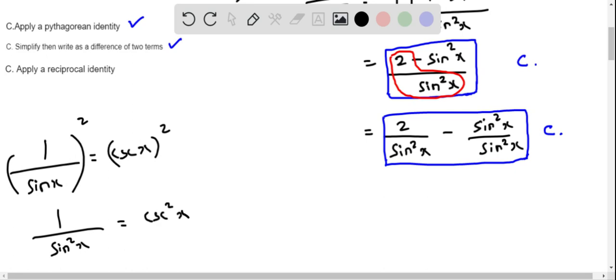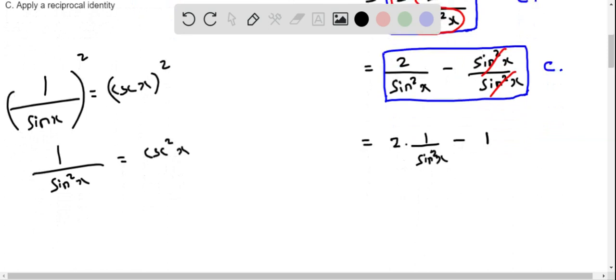So now we can rewrite this 2 over sine squared x as 2 times 1 over sine squared x. And this basically will cancel out the second term: sine squared x over sine squared x is 1. So we write this as negative 1. Therefore we can replace this 1 over sine squared x with cosecant squared x using the reciprocal identity.